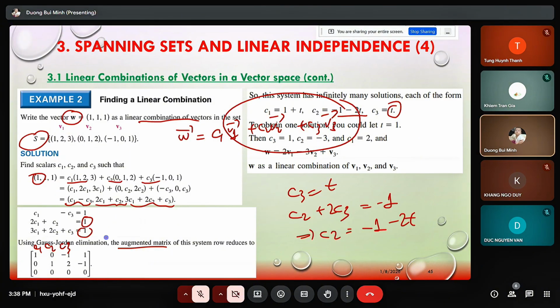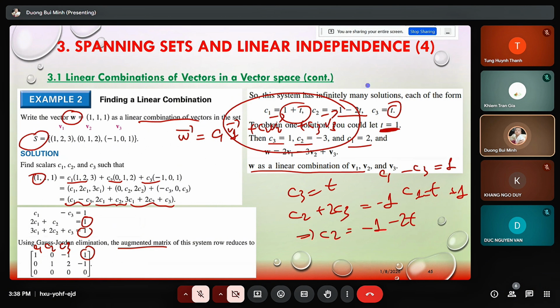And C1 minus C3 is 1, so C1 is T plus 1. So it's free for us to choose T. For example, if T is 1, you get C1 is 2, C2 is minus 3, and C3 is 1, so you get a linear combination.